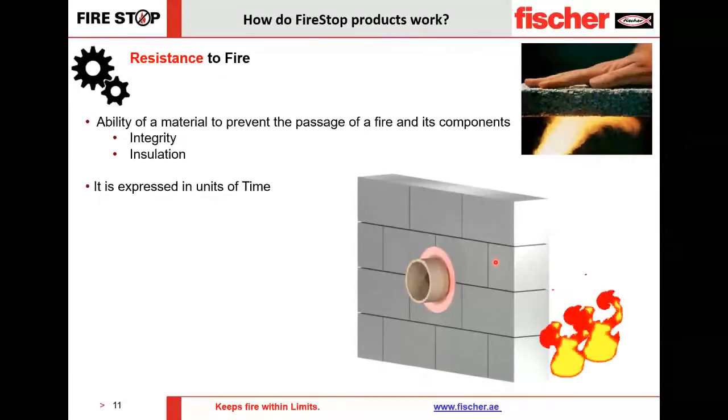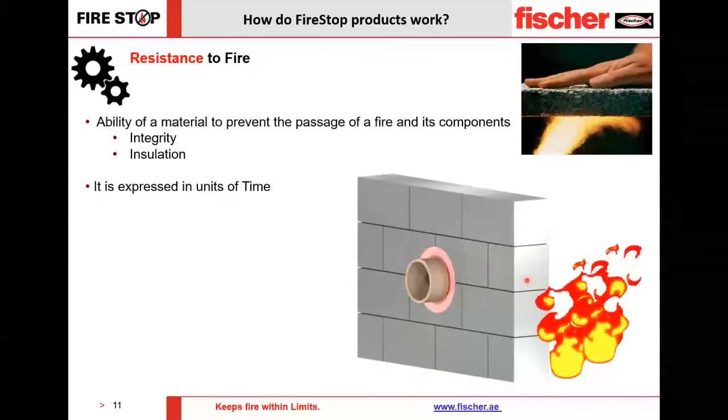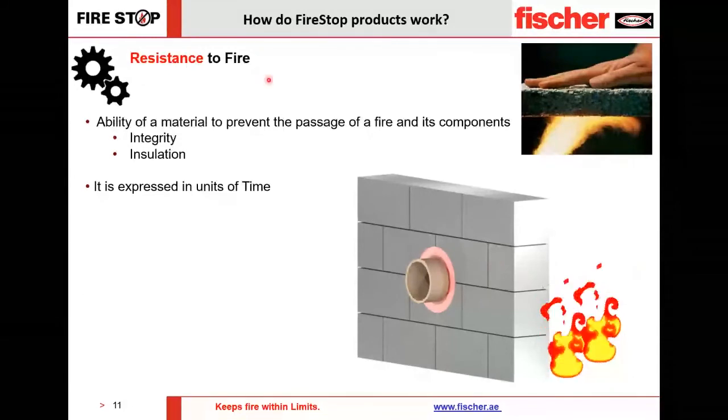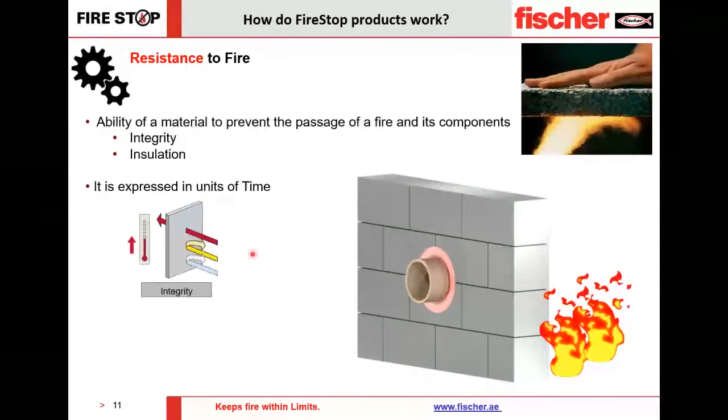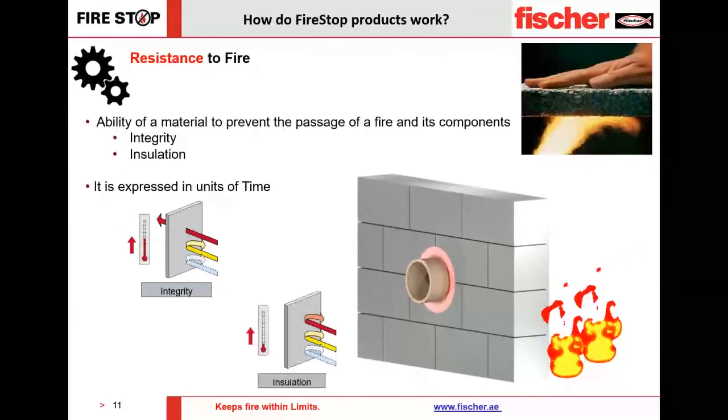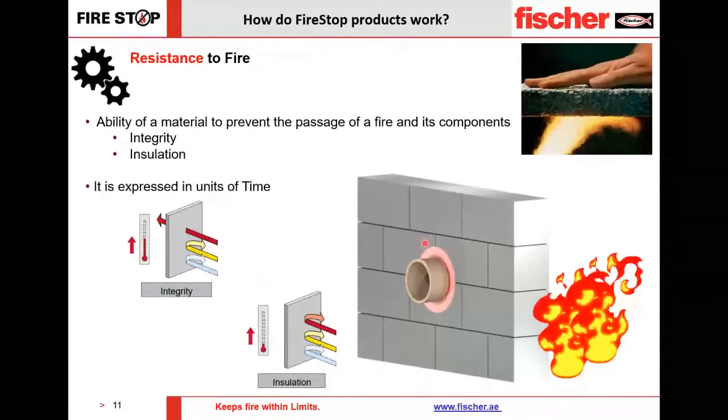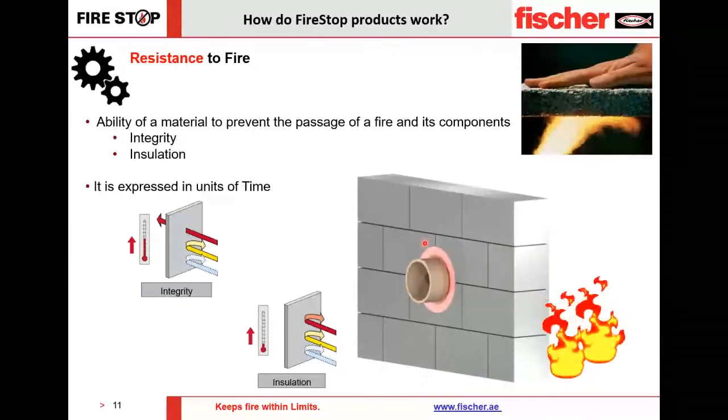Now, if there is a fire in one area behind the wall, the resistance to fire dictates that this flame, heat, smoke, and toxic gases are prevented from passing through this fire-rated barrier to the other non-affected sites. Especially when you're measuring the integrity of the wall itself, as well as the insulation of the system as a whole that is in question.